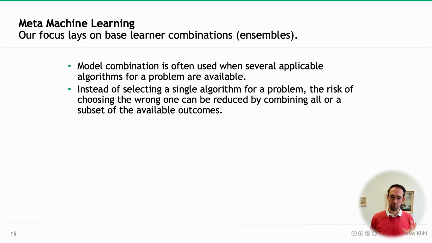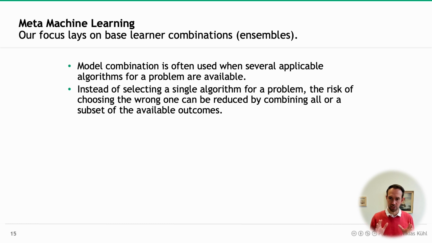And what we're interested in are base learner combinations, so-called ensembles. That's a word you already heard if you recall the different algorithm classes when we talked about supervised machine learning cases.